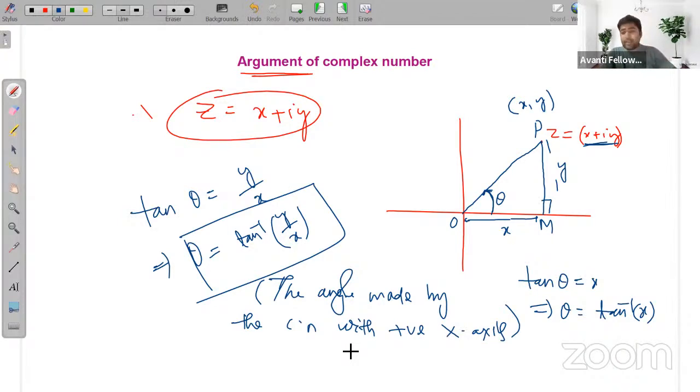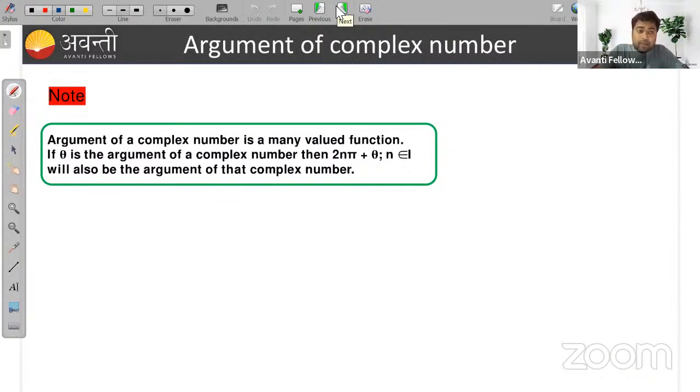Okay, so this method will not always work. So let's see some important notes here. First point: the argument of a complex number is a multi-valued function. If theta is the argument, then 2n pi plus theta is also an argument of the complex number. Suppose here we have a complex number, and this is my argument theta.